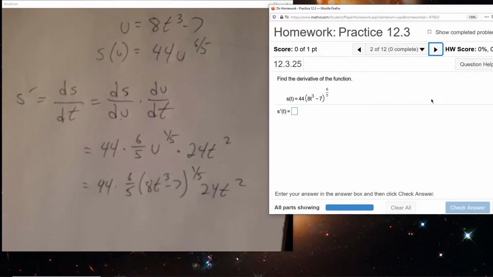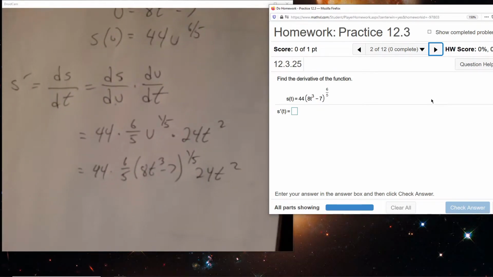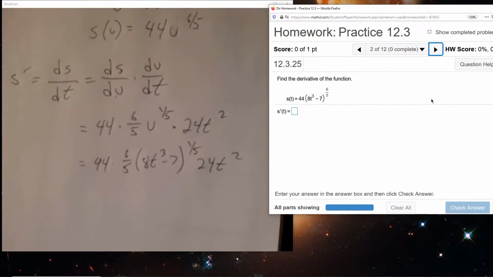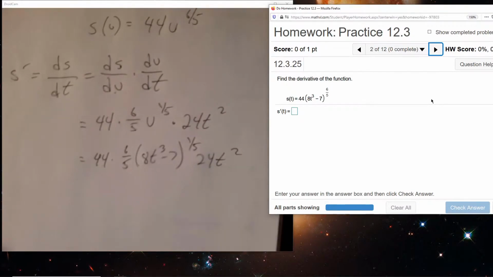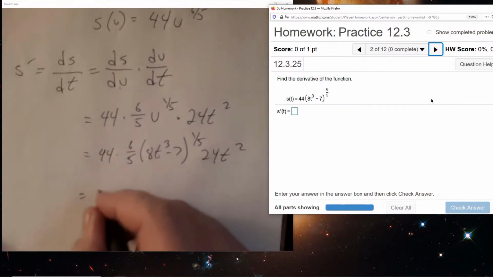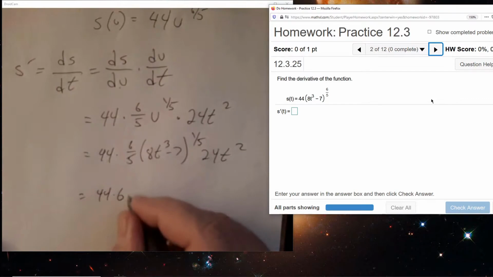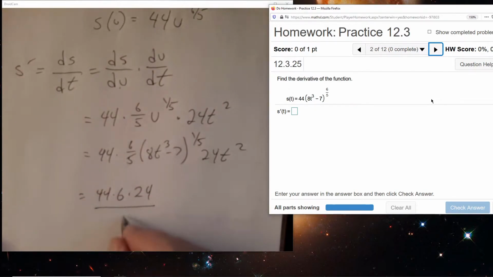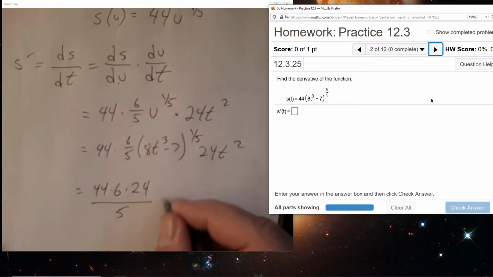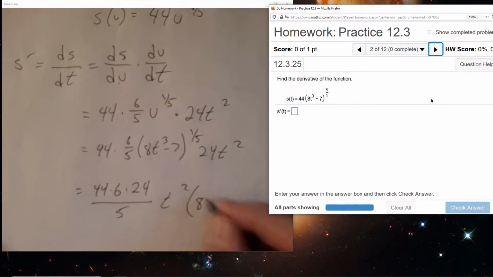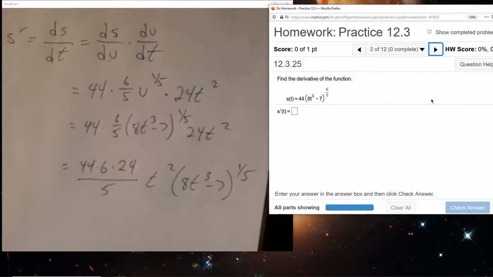And that's our answer. Now to enter this into MyMathLab, we would want to clean up these numbers here. Now these numbers are pretty large, which means you'd probably use your calculator. I would use my calculator for these numbers. And that's our answer.